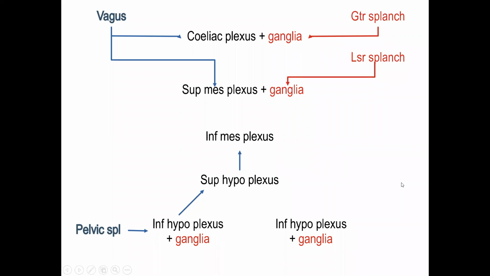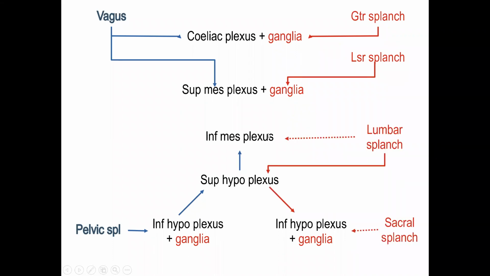Whereas the inferior mesenteric plexus has branches from the lumbar part of the sympathetic chain. They are already relayed in the lumbar part of the sympathetic chain. So the postganglionic fibers of the sympathetic system pass along with the inferior mesenteric plexus to supply the hindgut structures.